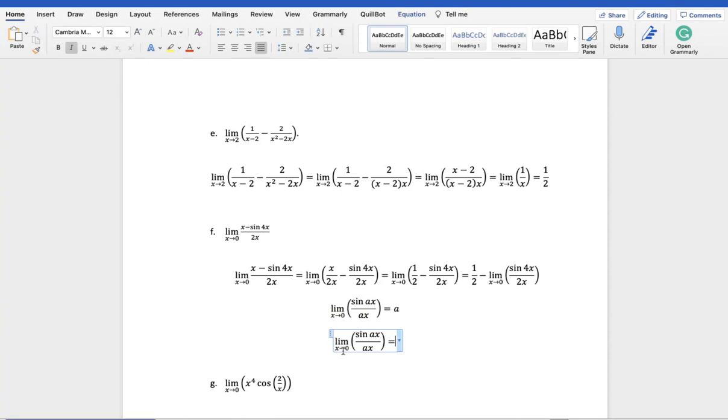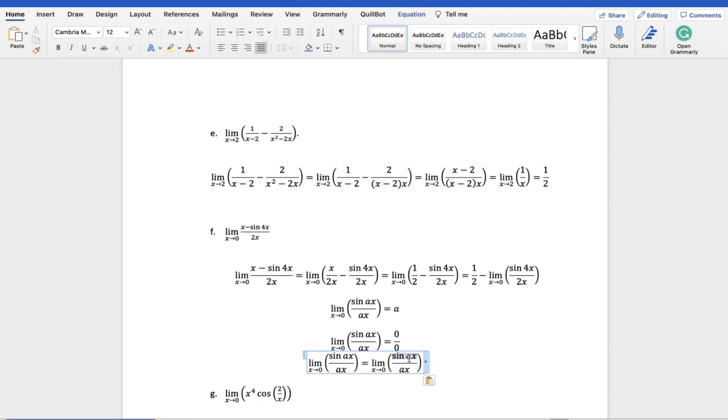If you have the limit as x tends to infinity of sine ax over ax, a is a constant, you substitute, you'll have 0 over 0. So you can use L'Hopital's rule there. I'm just using L'Hopital's rule to show you where they got this to be true for every sine function. So using L'Hopital's rule, you would derive the numerator and the denominator separately.